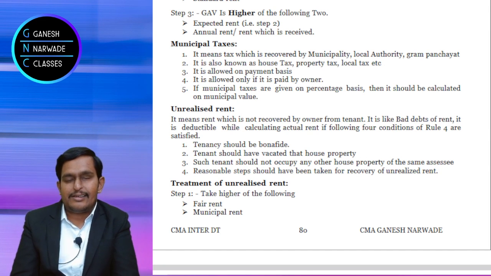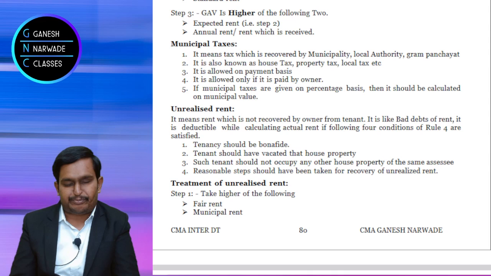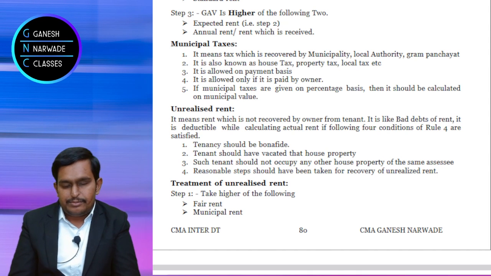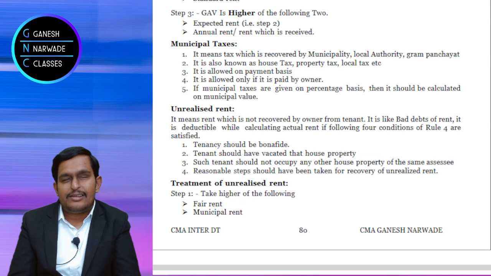In this case of unrealized rent, how should the GAV be computed? Again, three steps. Step 1, step 2, same, right? Fair rent for 12 months, municipal rent for 12 months, whichever is higher. Compare that with standard rent, whichever is lower. Standard rent also for 12 months. You get expected rent as per step 2.